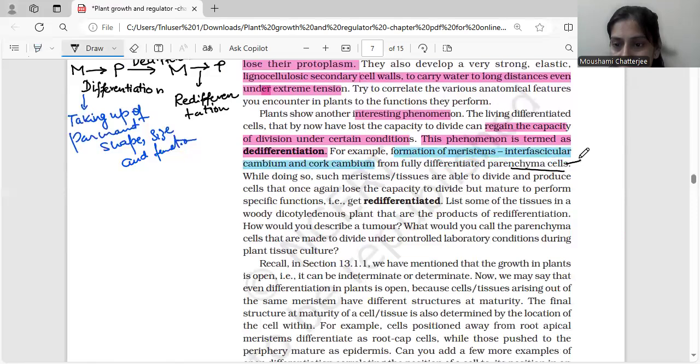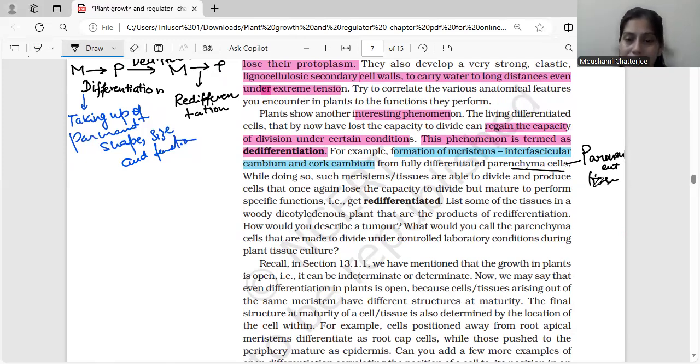It's a permanent tissue. Okay. So these are simple permanent tissues. When they get transformed into interfascicular cambium or cork cambium from fully differentiated parenchyma cells, this is one of the examples of dedifferentiation.